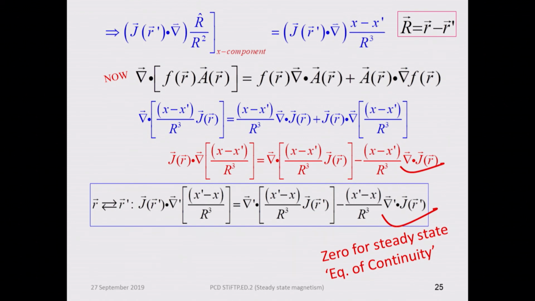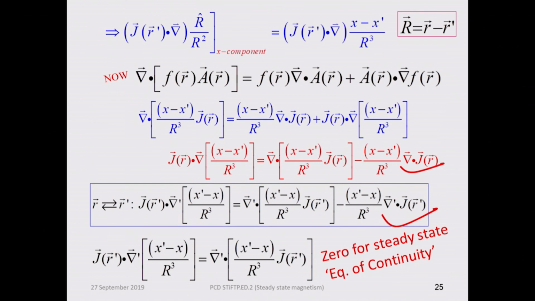So, it is exactly the same equation for a steady state, since del rho by del t is 0 for a steady state. Steady means things are independent of time. Divergence of j is 0, so the second term vanishes, and now you are left with only the first term.